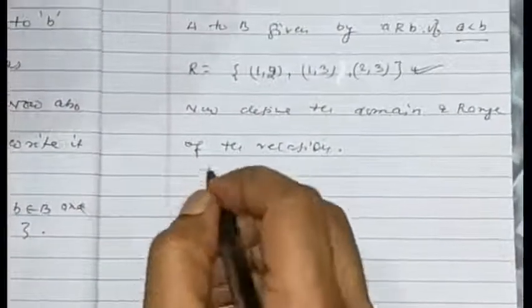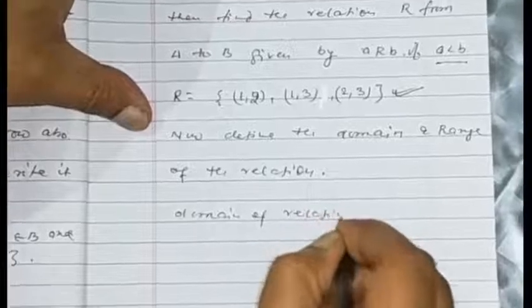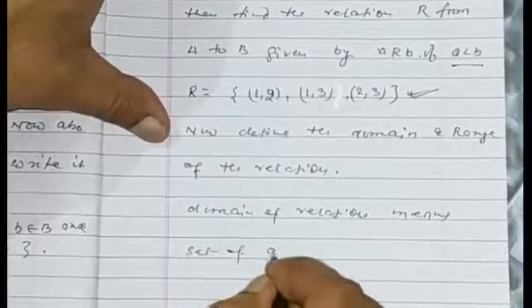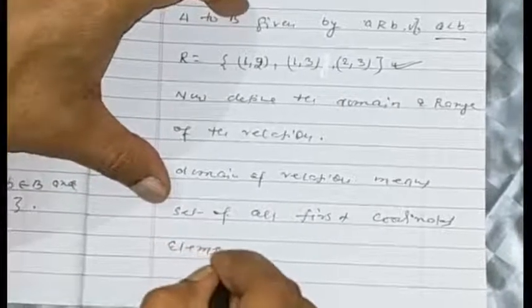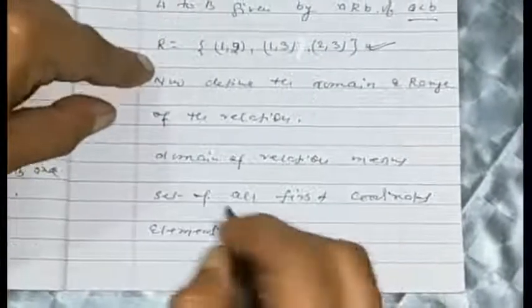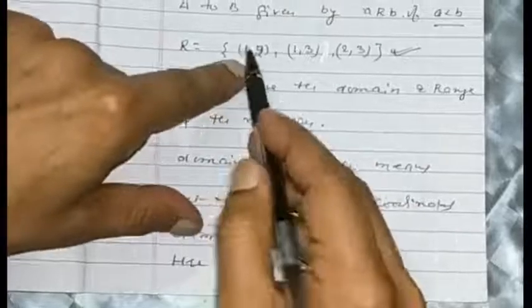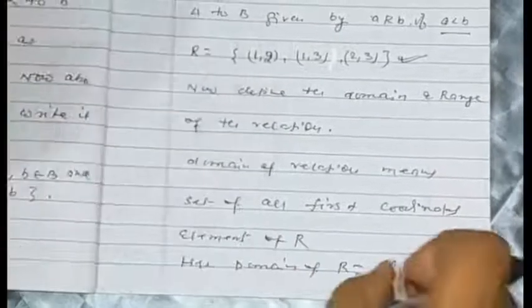Domain of a relation means the set of all first coordinate elements of R. Here, domain of R is equal to the first coordinates of R: 1, 1, 2. So the domain is {1, 2}. This is the domain of relation R.